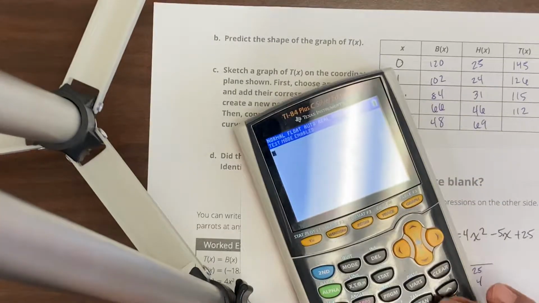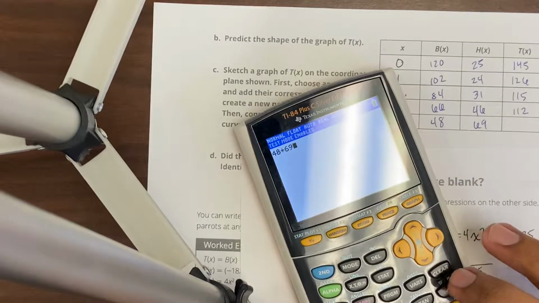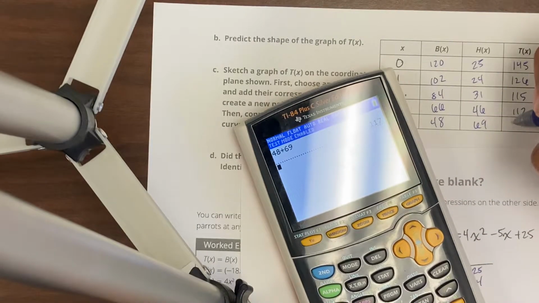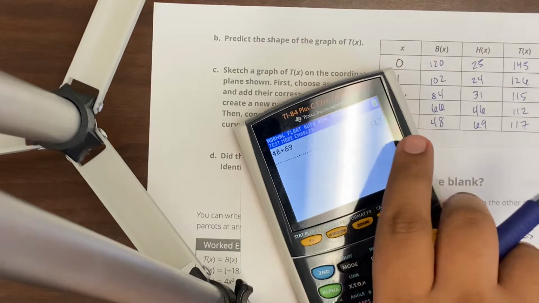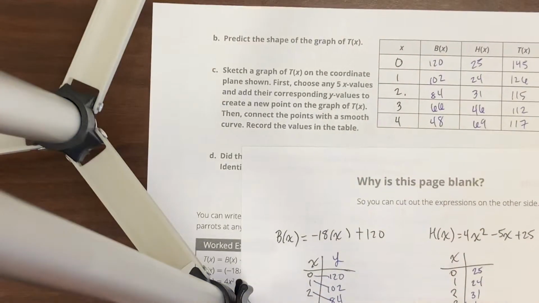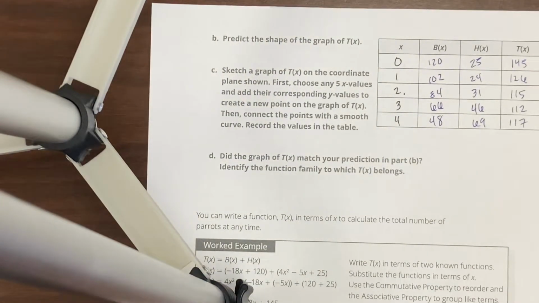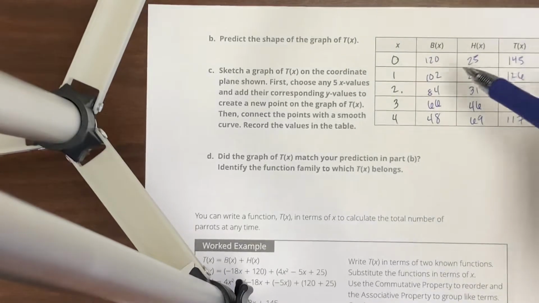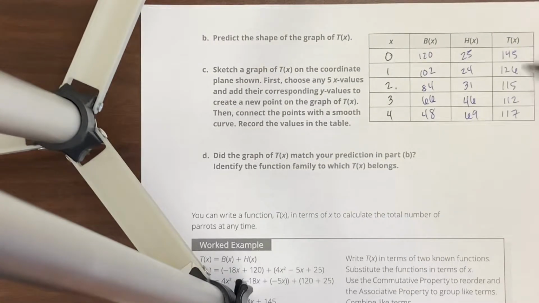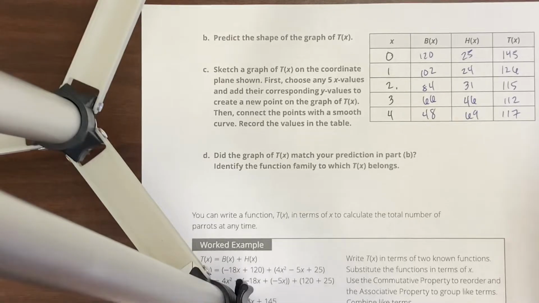Yes, I'm a math teacher, but math teachers get tired sometimes, ladies and gentlemen. Okay, and those are our working values. Pretty straightforward. Of course, you could have chosen any x values, but for right now, just to keep it in order, we're gonna stay nice and stuck to exactly what we're doing together.